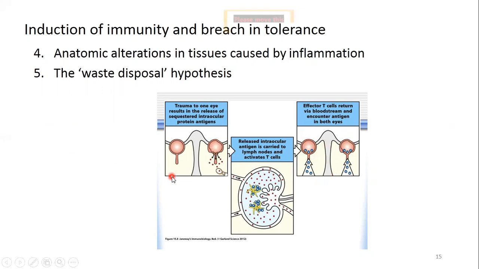There is another mechanism, which is the waste disposal hypothesis. Especially in SLE, the process of clearance of antigens is very bad. It is not done in a conventional way. So the antigens exposed to the bloodstream are not cleared efficiently.